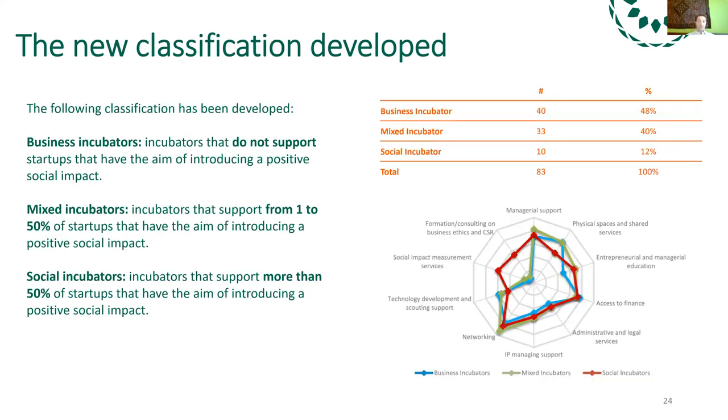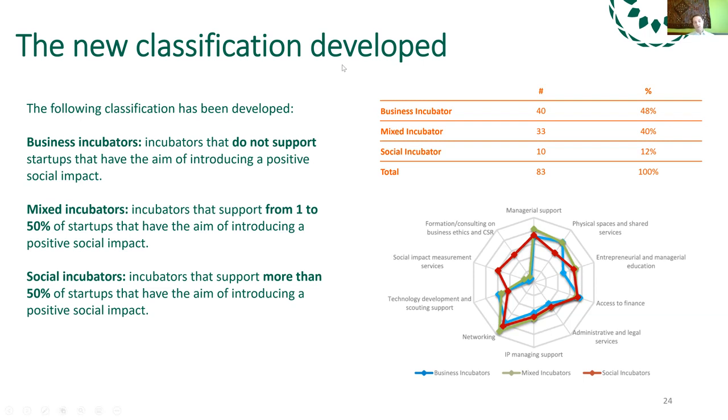Our taxonomy introduced in this paper is simple. Basically, we have favored a focus on the startups that are incubated or accelerated, because if you think about the organization and the kind of support provided, it's very difficult to distinguish the different organizations.